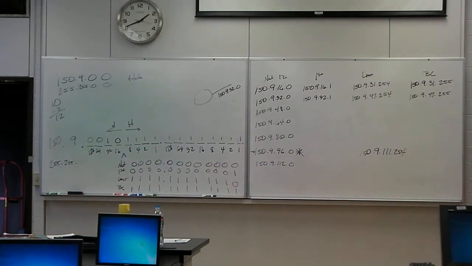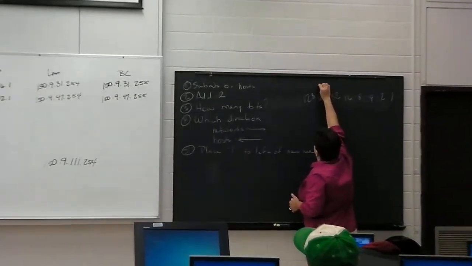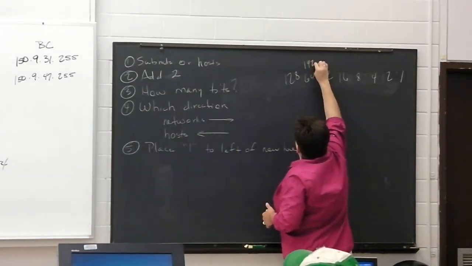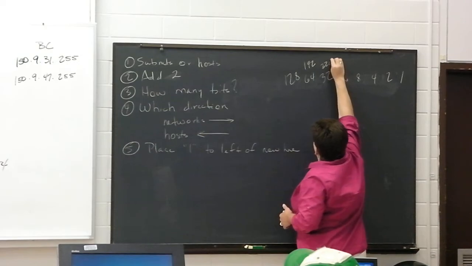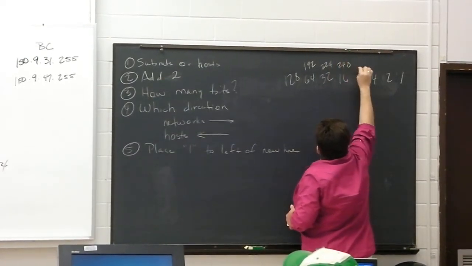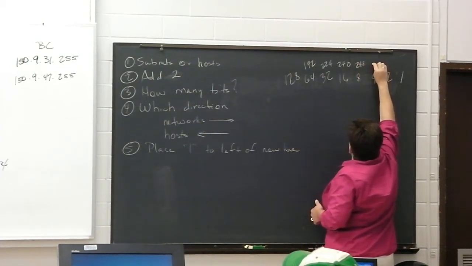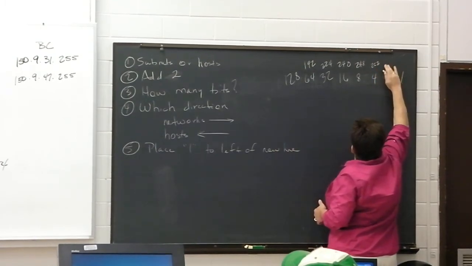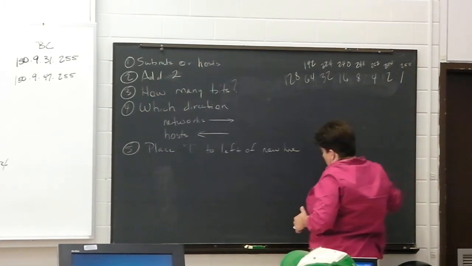It's about 4 bits. 128 plus 64 is 192, plus 32, 224, 16 is 240, plus 8 more, 248, 252, 254, 255.